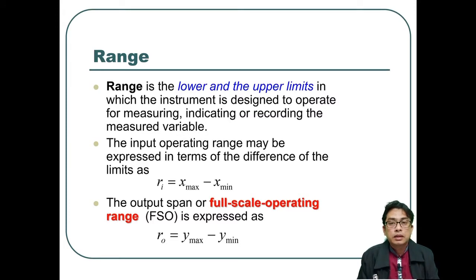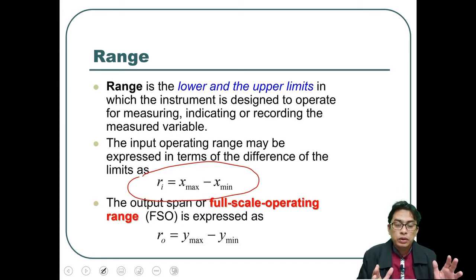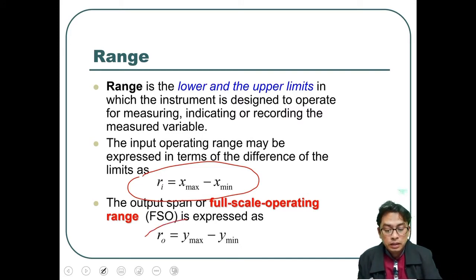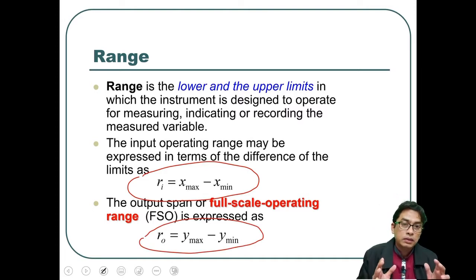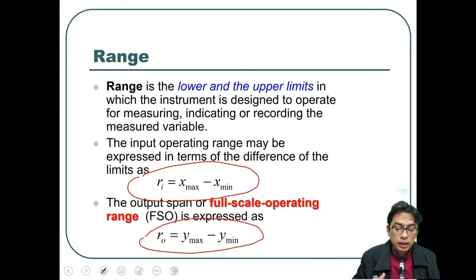In other words, for the full scale input, the range for input, Ri, is x max minus x min, the maximum and minimum of the input. And the range of output, Ro, is from y max to y min.